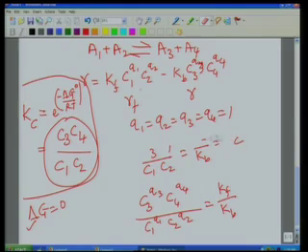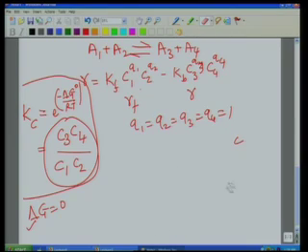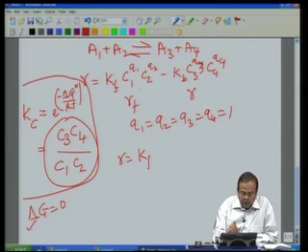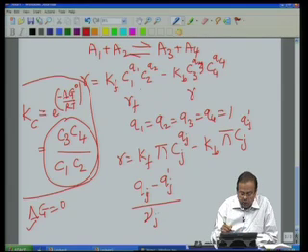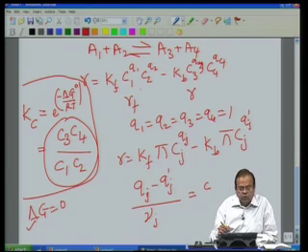We can say that as long as the ratio of Qj minus Qj prime divided by the stoichiometric coefficient nu j is some constant C, a non-zero constant, but the same for all species, I am okay, the thermodynamic consistency is followed.